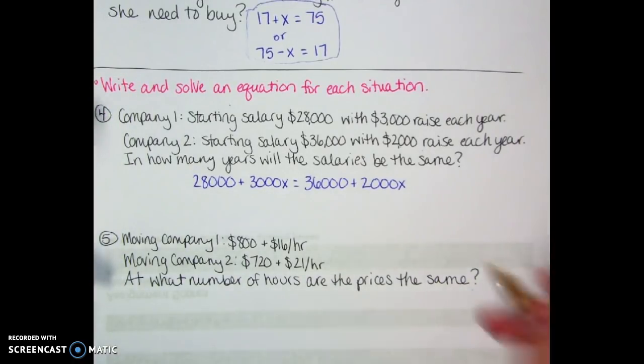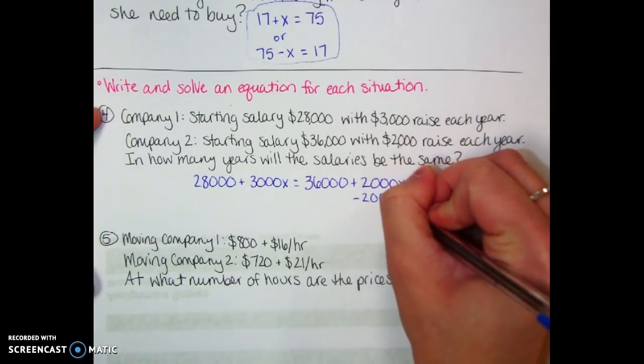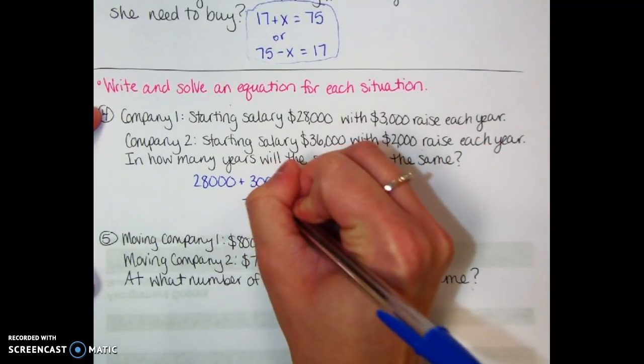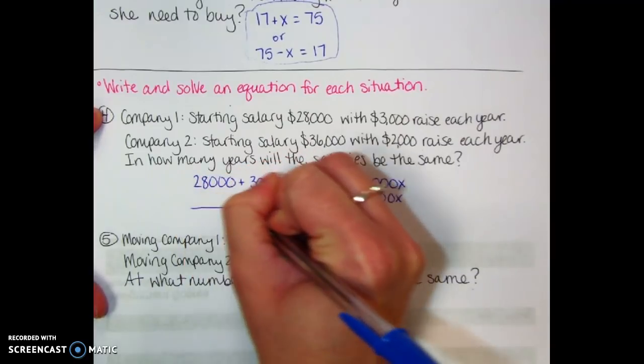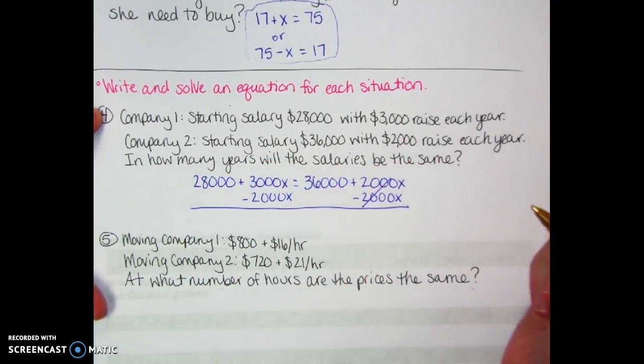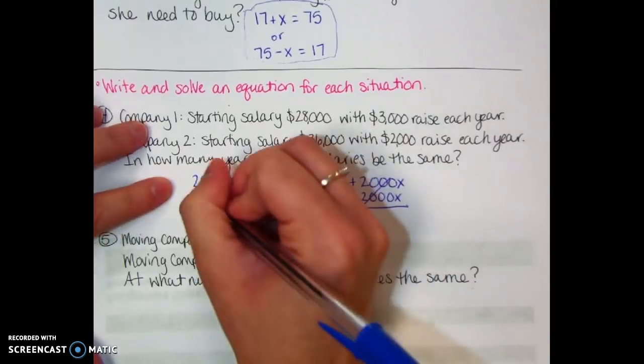I am going to subtract 2,000x. And because I don't have much space here, I'm going to also subtract the 28,000 in the same step.